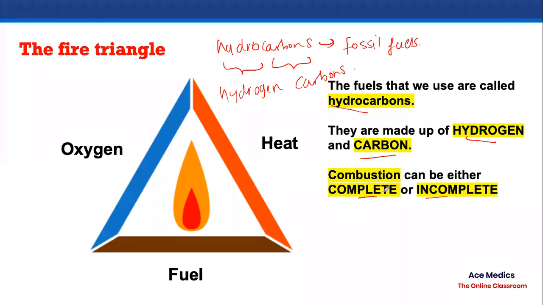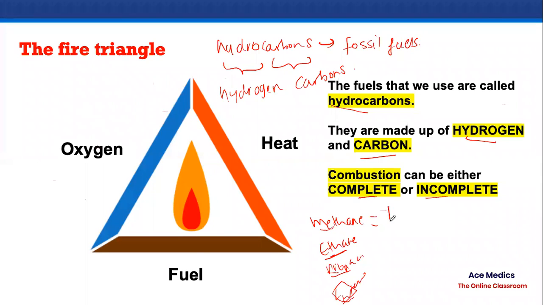But the examples of hydrocarbons are methane, ethane, propane, butane, loads of different examples. And the prefix is the one that's differentiating them basically. That just depends on the number of carbon atoms there are in that particular hydrocarbon.